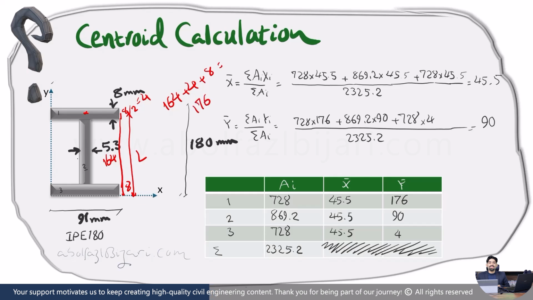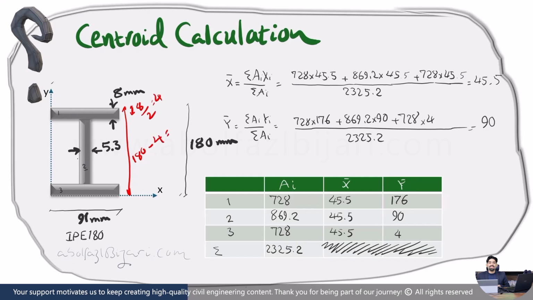In other words, you can see the whole of this length minus half of this, 8 divided by 2 is 4. In other words, 176. Okay, we calculate the distance from the center of these shapes in the x direction, x axis.